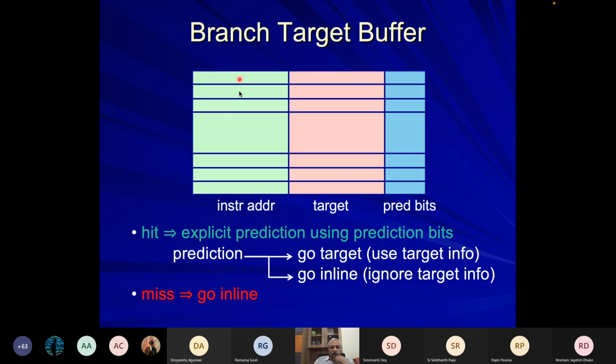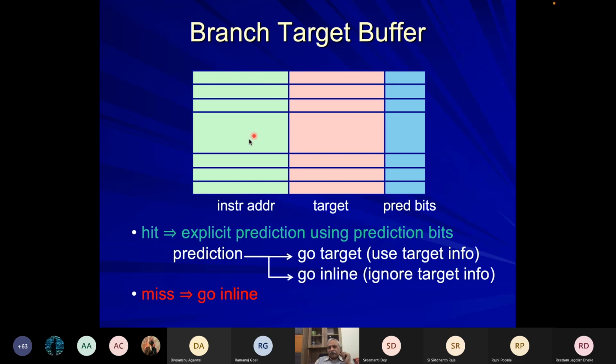Firstly, you look up in this table by the address of the branch instruction. As you fetch a branch instruction, that instruction address would be used to look up through this. Now I don't mean that you do a sequential search through this.